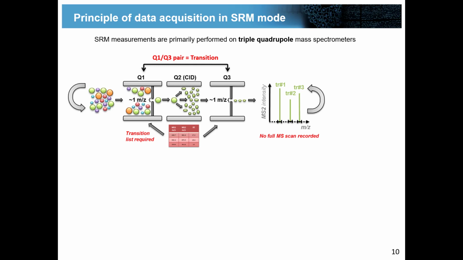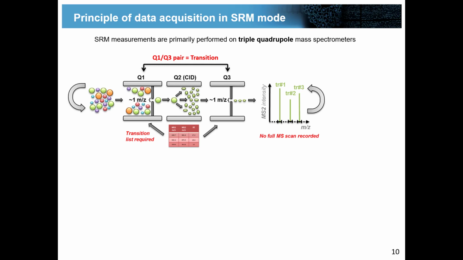Okay, and what's also very important to understand is that in SRM mode, at no point a full MS scan is recorded. The full MS scans that we know from shotgun proteomics on MS1 or MS2 level, nothing like this is recorded in SRM mode. Instead, you really just record the intensities of these pre-selected transitions.